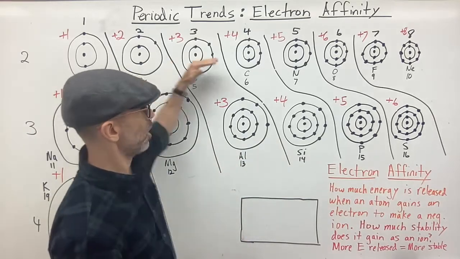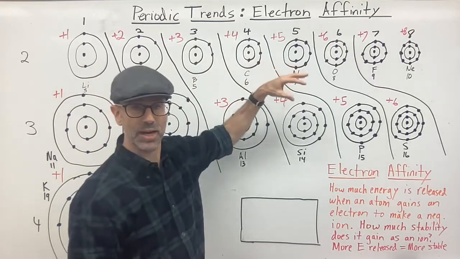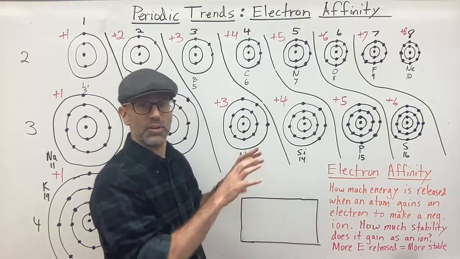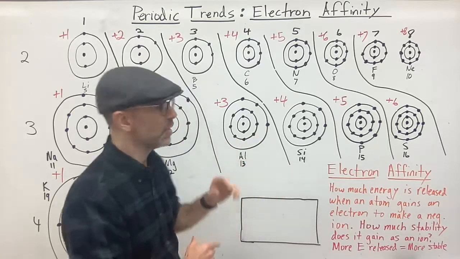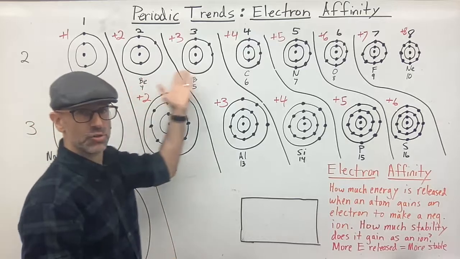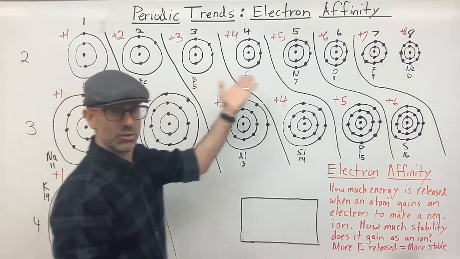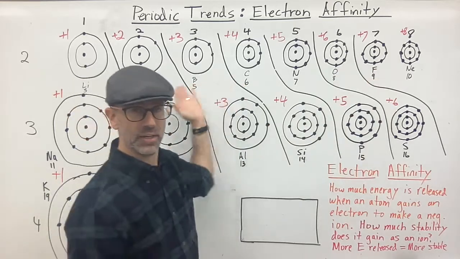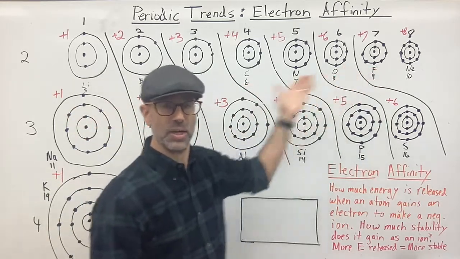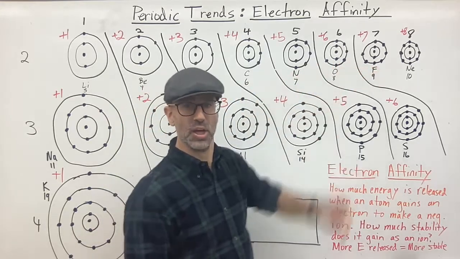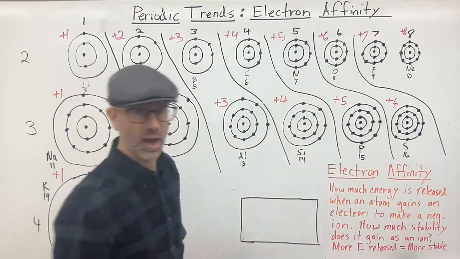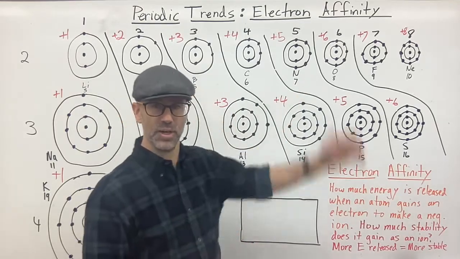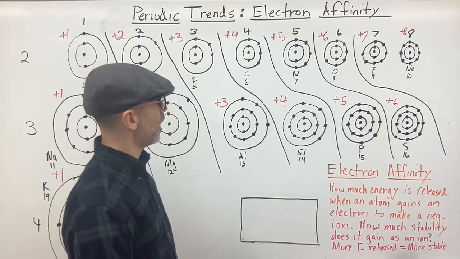Also, as you're moving across, you're adding more electrons to fill in the shell. That's going to make it more stable because they want to have that outer shell. So we would expect the trend to increase. Generally what we see is that the negative values, the amount of energy released, do increase going across. Not as much as we see in the other trends, but there is a general trend there.